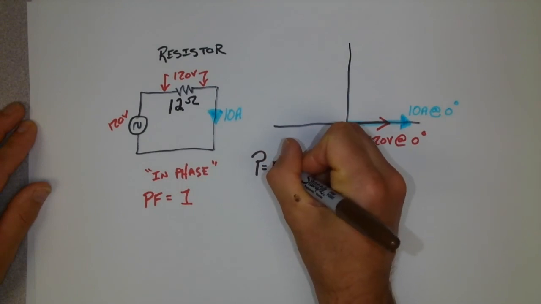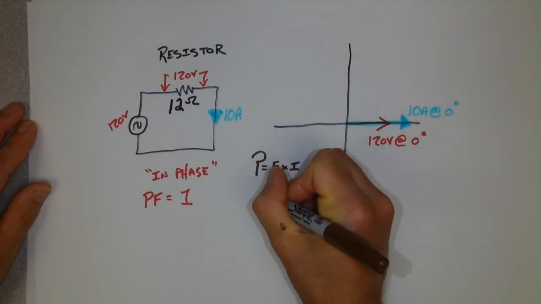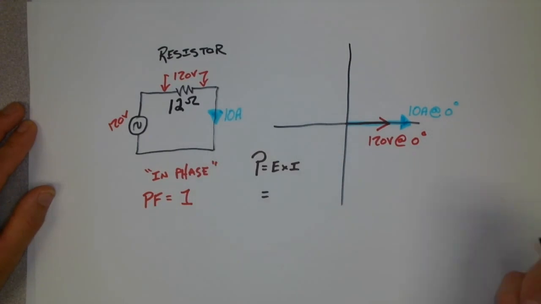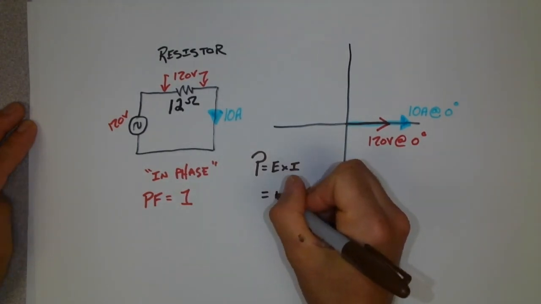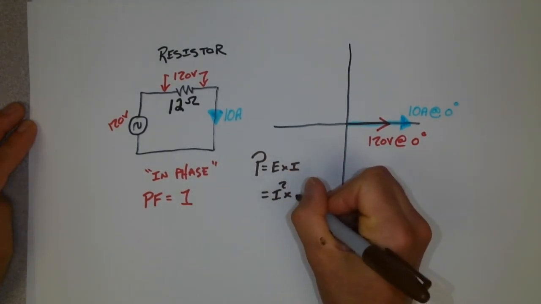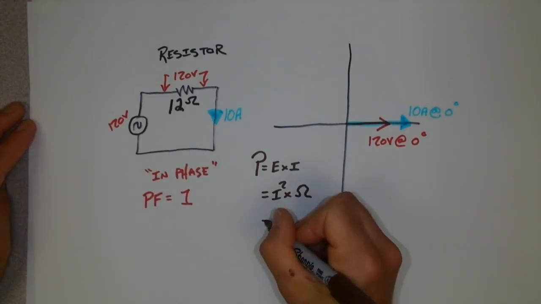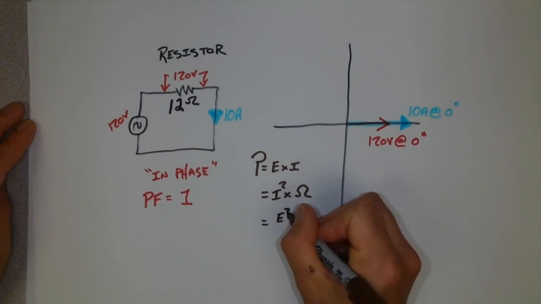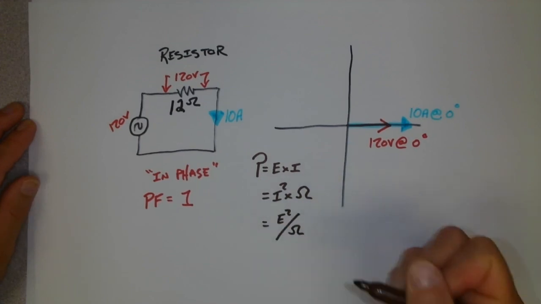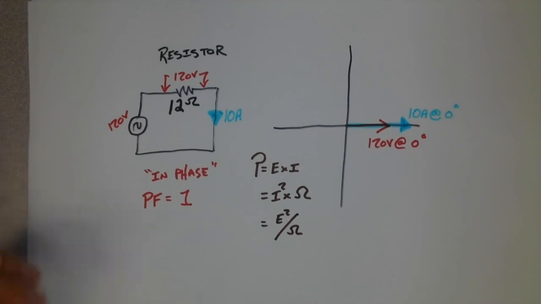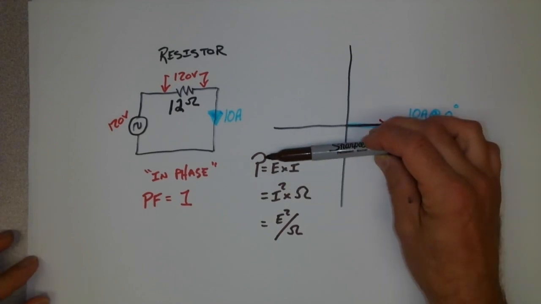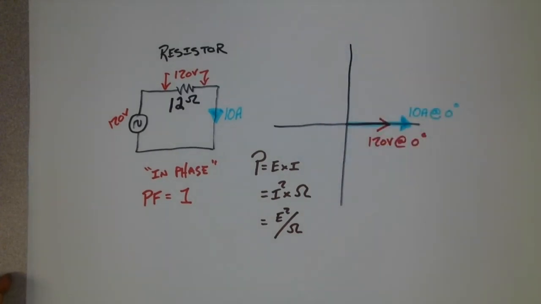I could use E times I, so the voltage times the current, or I could take the current squared and multiply it by the ohms of the resistance, or I could take the voltage squared and divide it by the ohms of the resistor. As long as the ohms are of the resistor and the current through the resistor and the voltage across the resistor, we're going to get P, power, watts of power from the resistor.